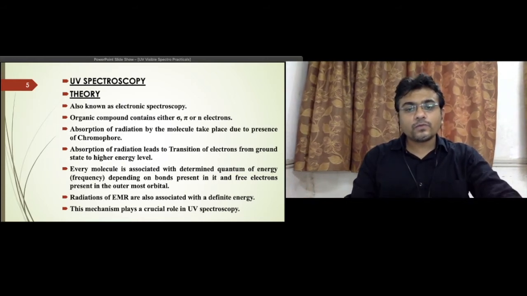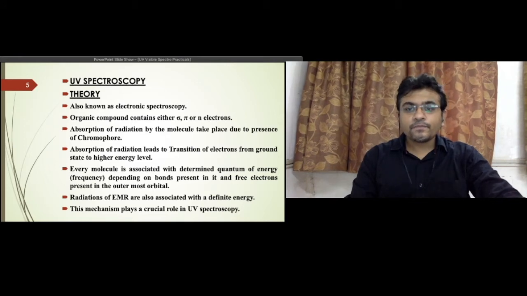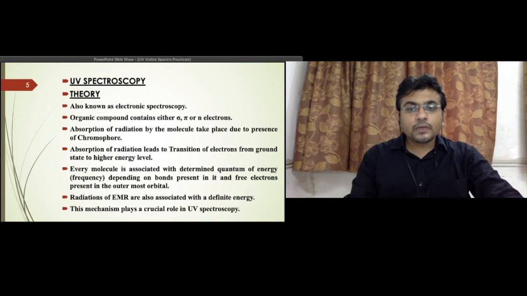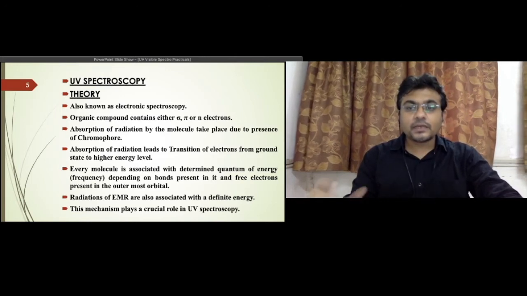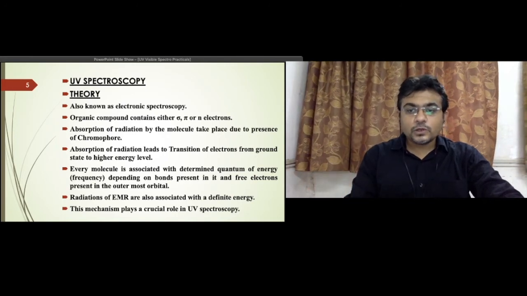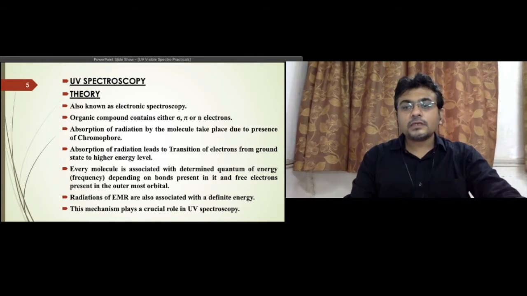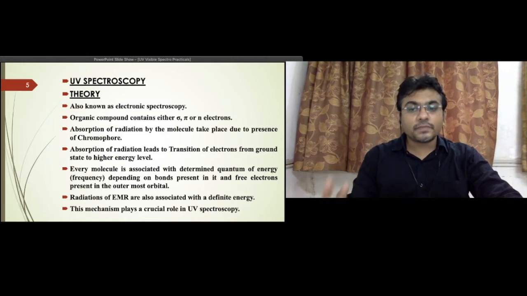We have already seen different examples of chromophore; conjugation is one example, which is present in the benzene ring system. Absorption of the radiation leads to transition of the electrons from ground state to higher energy level. So the electrons present in the outermost orbital of a molecule will absorb the radiation and undergo transition from ground state to a metastable state.